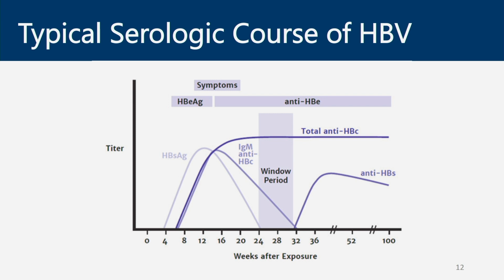In persons who recover from their Hep B infection, surface antigen and DNA will clear from the blood, and the anti-HBs does appear as well as the anti-HBc, and those two tests will persist to be positive over someone's lifetime if they've recovered from that acute infection. And persons who remain chronically infected, the surface antigen and the DNA will remain positive.